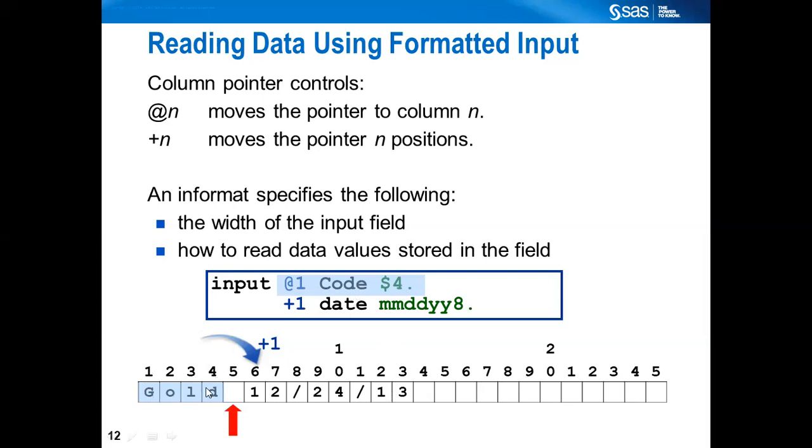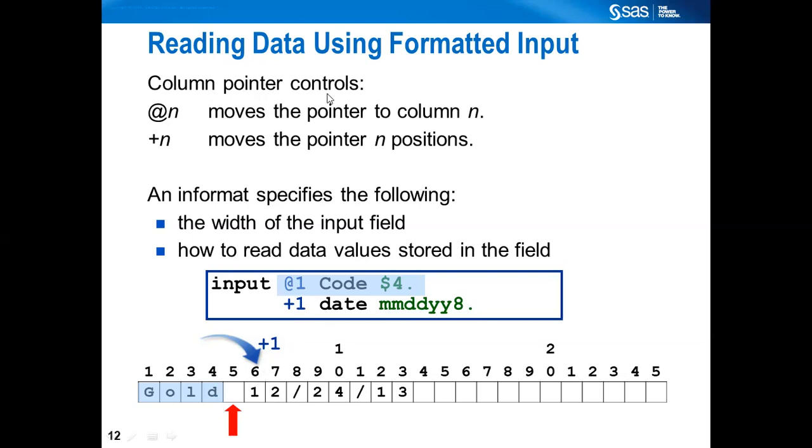You also have another method for the column pointer, where you can write +n, that is +1. That means at the end of your fourth column, +1, immediately you have the value called date, which should be read as mmddyy8 dot.